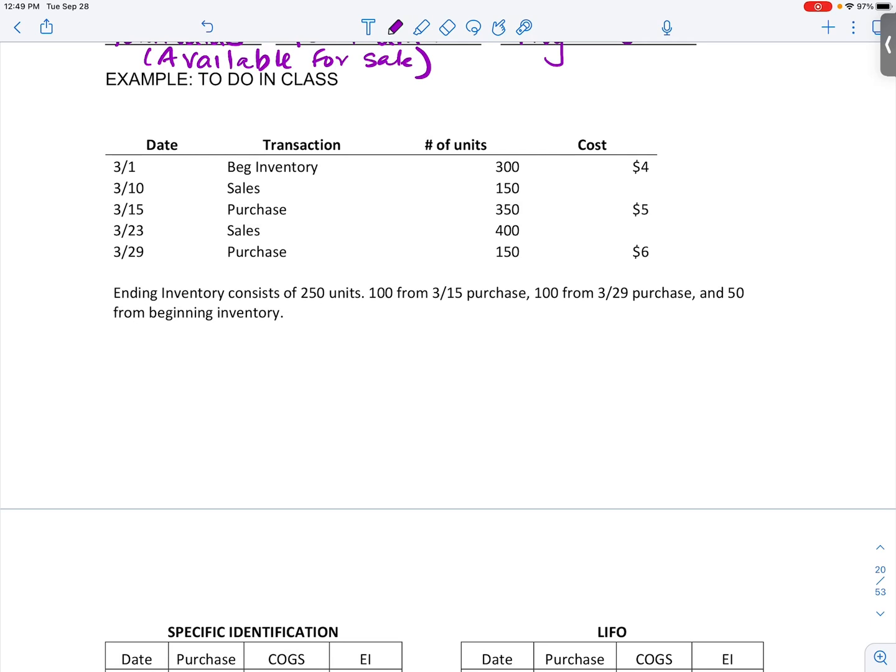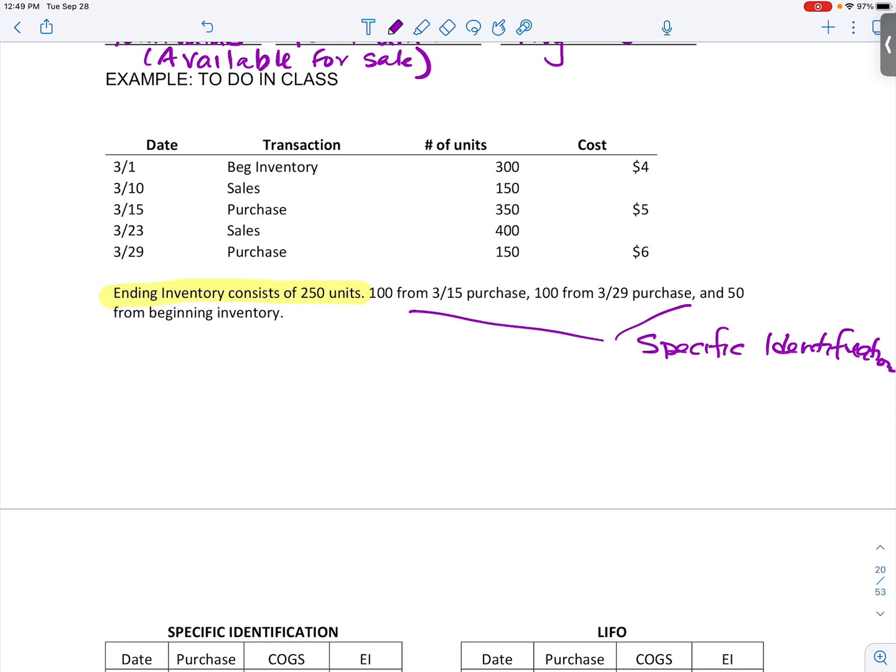So one thing when we get a problem like this, some things we want to point out: they're giving us the ending inventory. They're telling us what's left in our ending inventory. This is only good for specific identification. Otherwise, we don't care. We follow the flow.